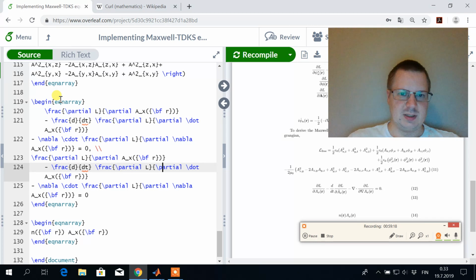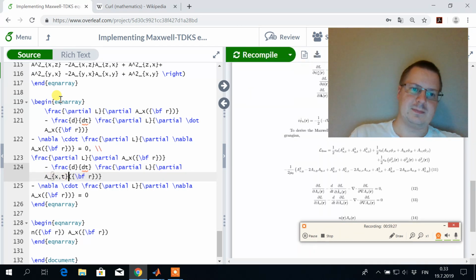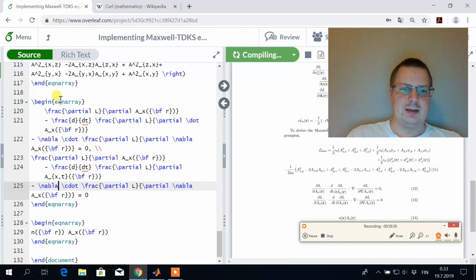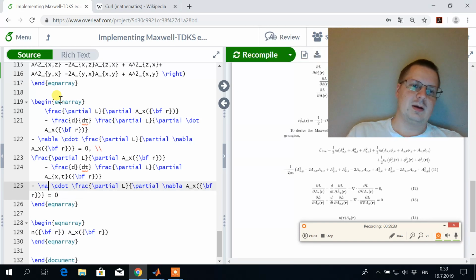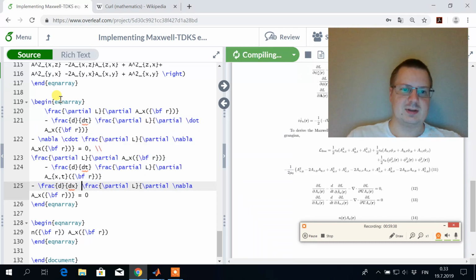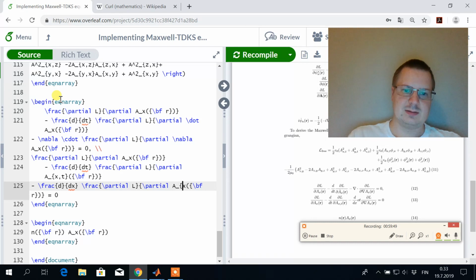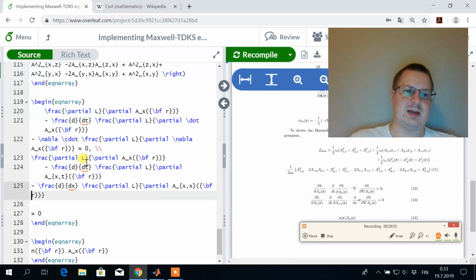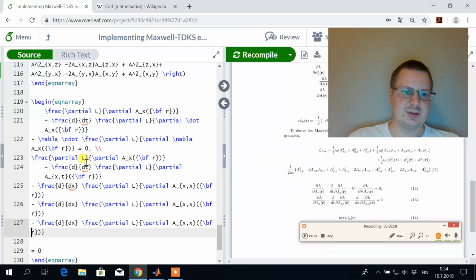So the dot is just x comma t, and the nabla we can just change into 3 parts, vectorize or serialize that also, and it will be ax of x, like so, and then we just add the rest of the partial derivatives as well.